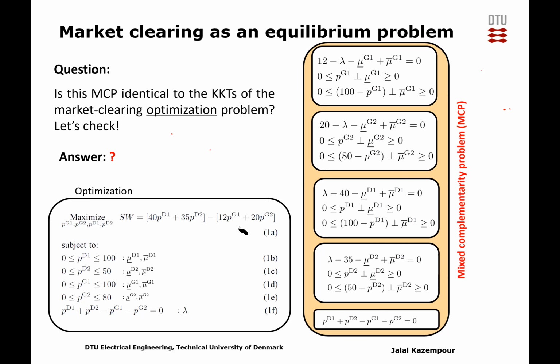But now you learned that optimization and equilibrium are equivalent. At the end of the day, we are going to solve the optimization problem. But knowing that they are equivalent, does it give us any insight? The fact that the optimization problem is equivalent to the equilibrium problem, can we gain any insight from that?